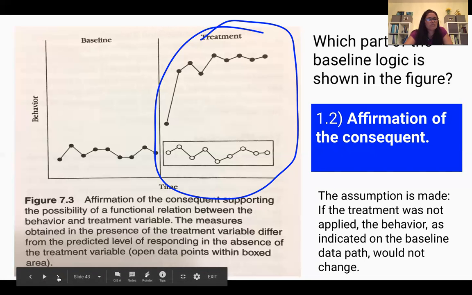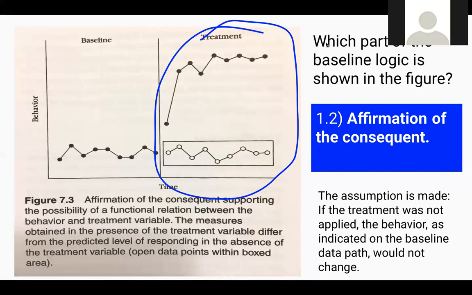Anybody else want to explain it in different words? Is it kind of like you're confirming that if you implement the treatment, almost like, I don't want to say consequence because I don't want to confuse it, but it's like you're confirming that there's a change once a treatment is implemented?